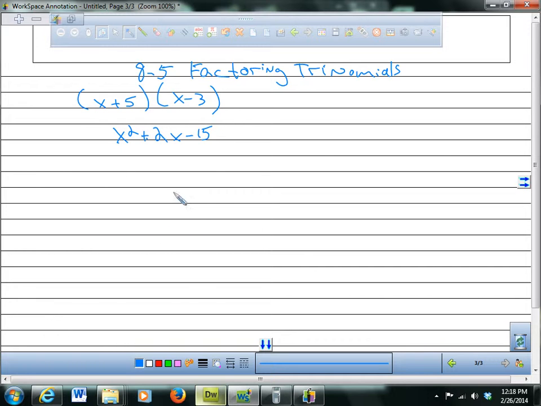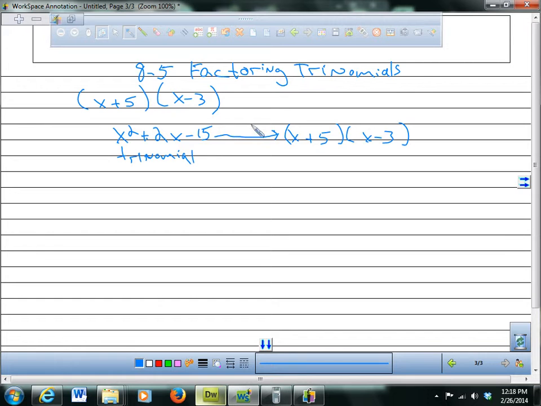So what you do when you factor is you turn this expression into two binomials, okay? This is a trinomial, and you're trying to turn that trinomial into something minus something, or something plus something.